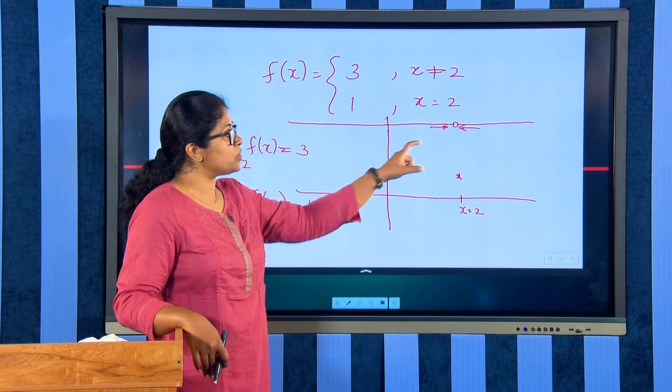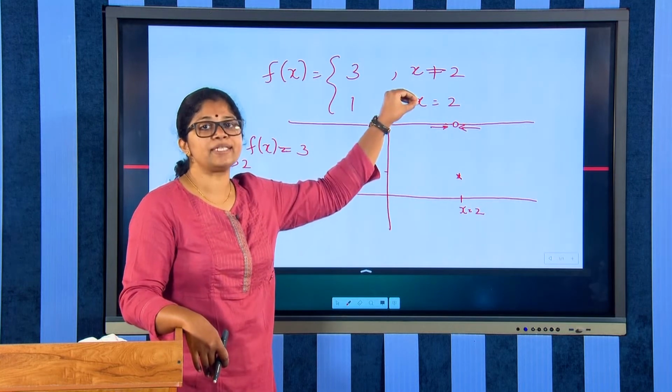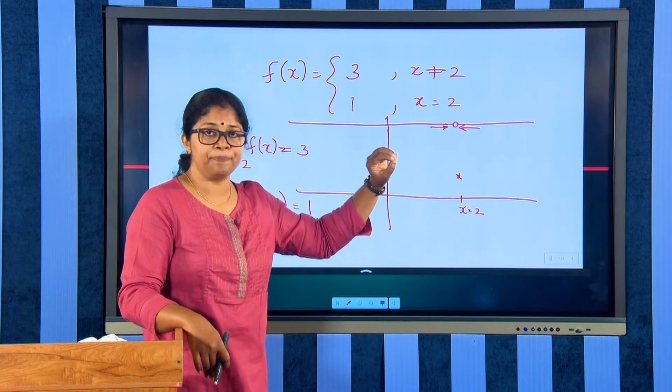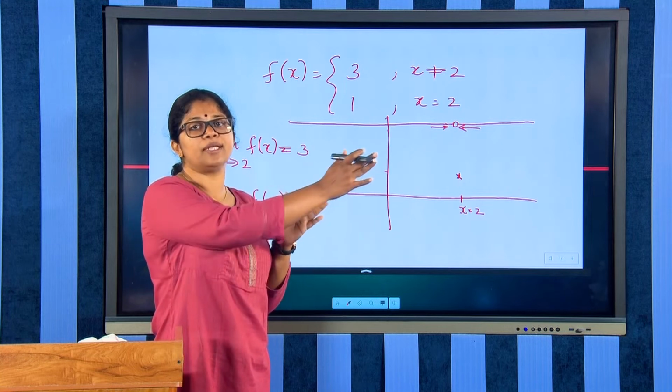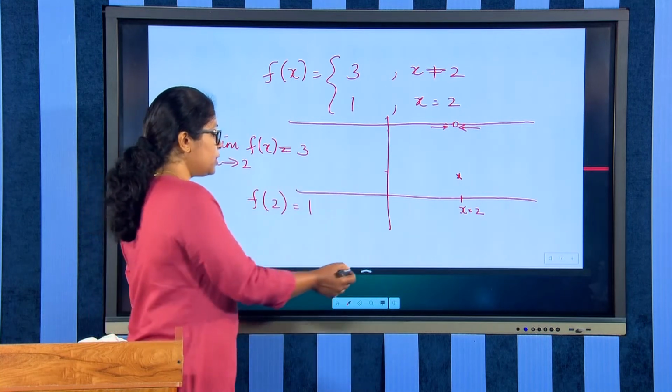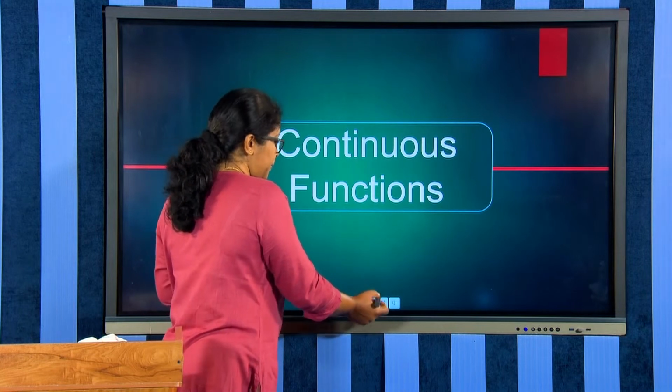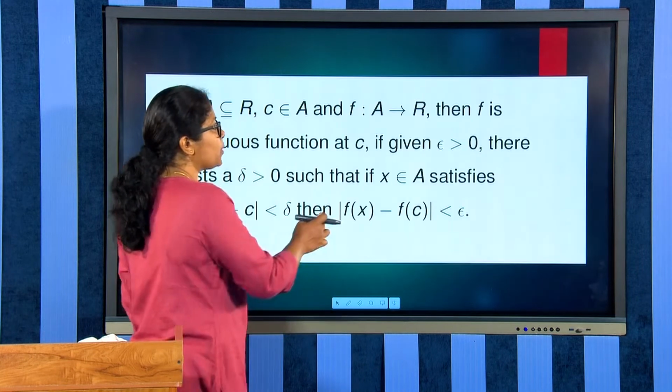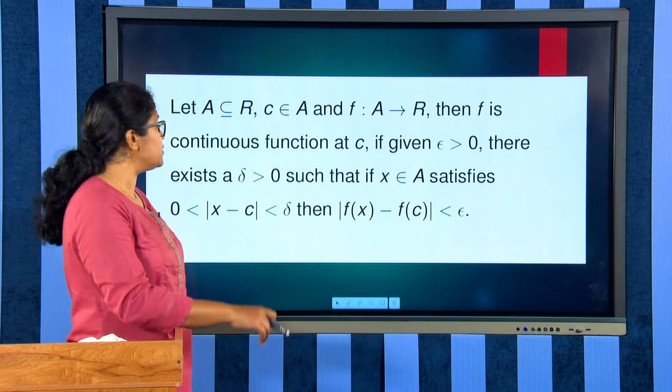Whenever we have the function's value and the limiting value to be the same, we will say that the function is continuous at that point. So with that perspective in your mind, we can look at the definition of continuous functions.